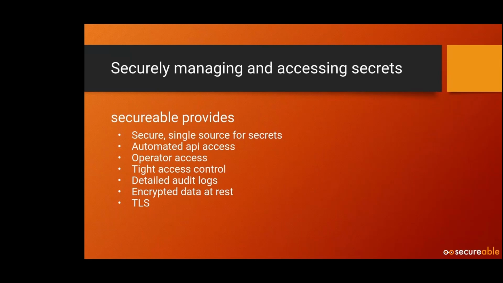The operator access we can do through paths, so you can specify who can access which parts of the secrets, or the tree of secrets, as we call it. So you can say that users can access this branch and developers can access that branch, etc., etc. So users can't see the developers' secrets and vice versa.